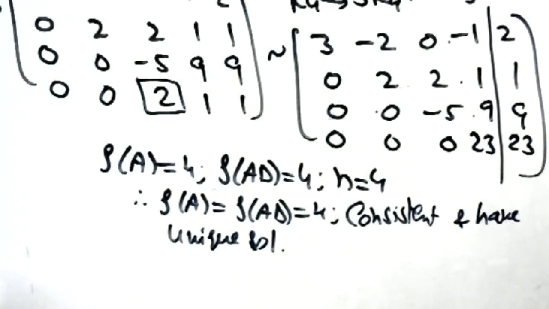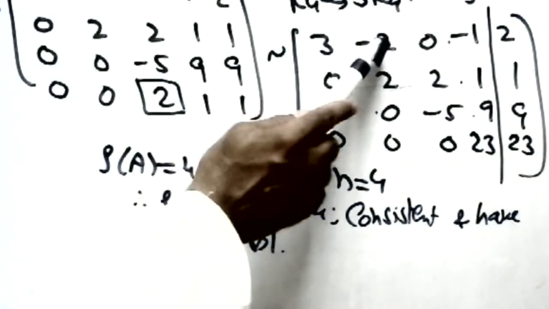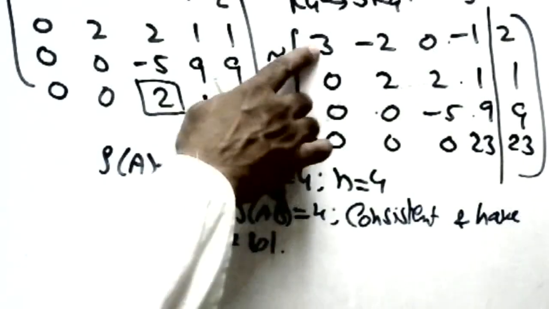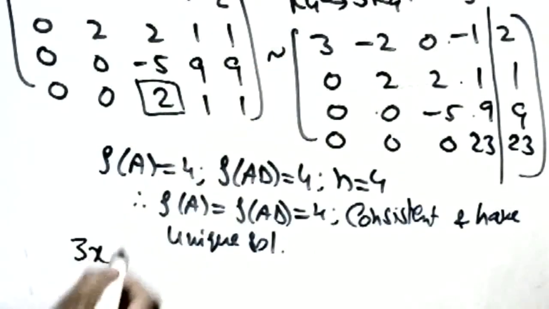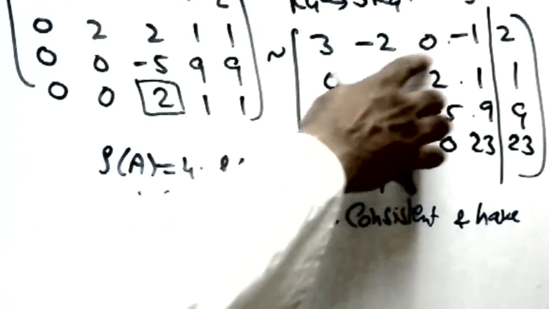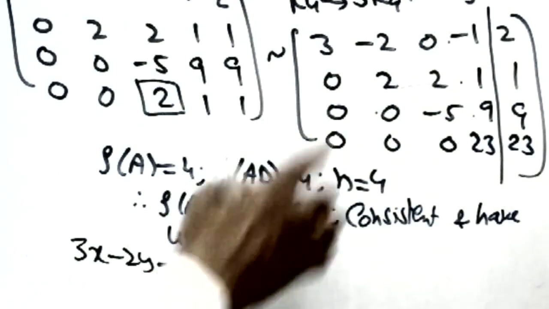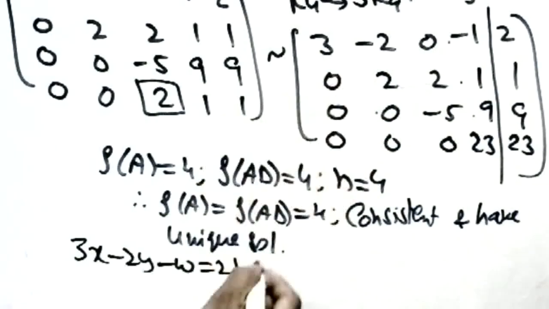Now let me find the unique solution. Again, substitute the values of x, y, z, w. If you write x here, it will be 3x. If you write y here, minus 2y. 0z, leave this one, minus w equals 2. One equation we got here.